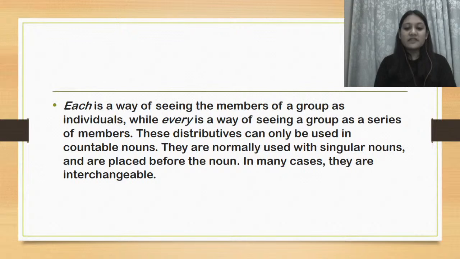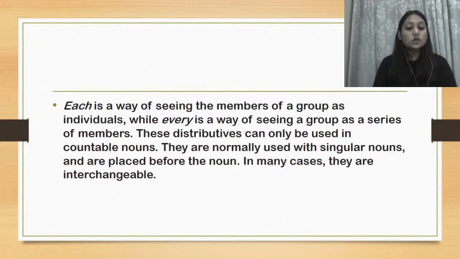While every is a way of seeing a group as a series of members. So when we use every, we are considering this as a group and we are considering all of them as members of it. We are not giving any special privilege to any one particular person. Now, these distributives can only be used with countable nouns, right? Each and every, we have to use them with countable nouns.